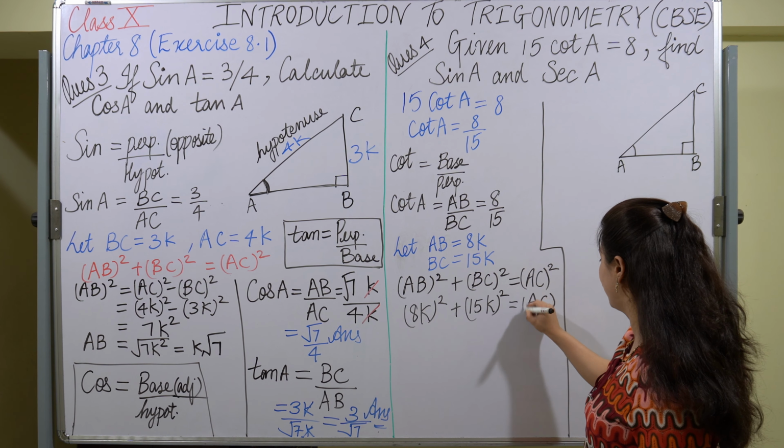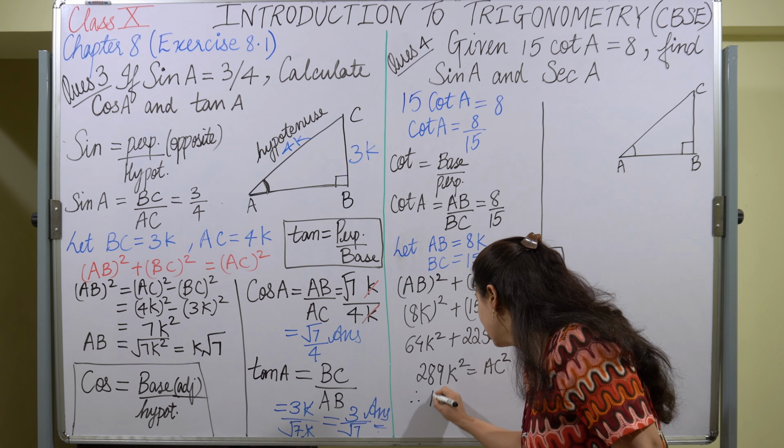So 8K square will be 64K square plus 225K square will be equal to AC square. Okay, so 64 and 225 when added, we'll be getting over here 289K square will be equal to AC square.